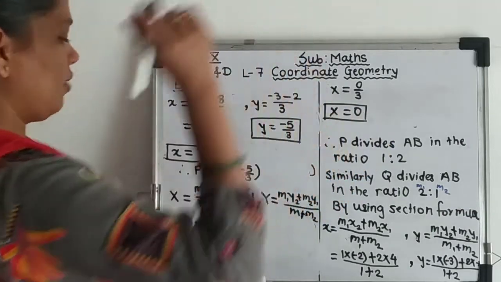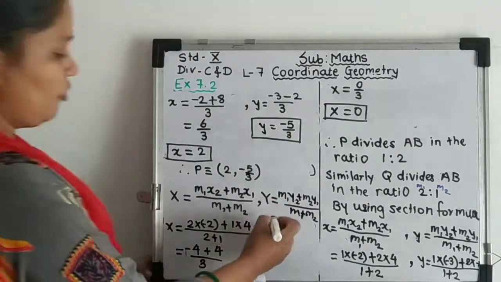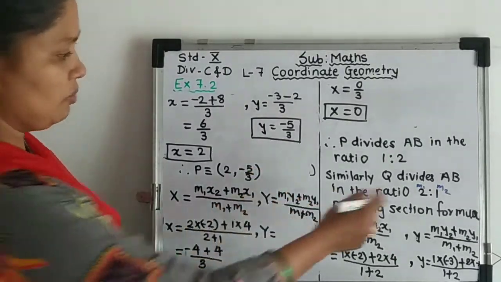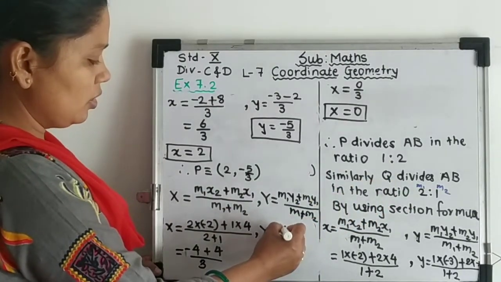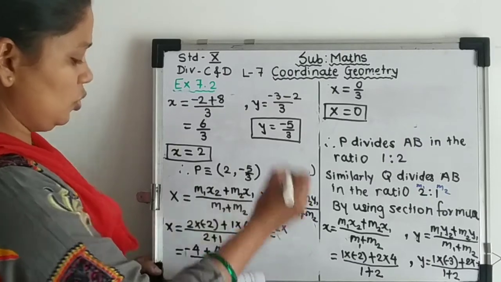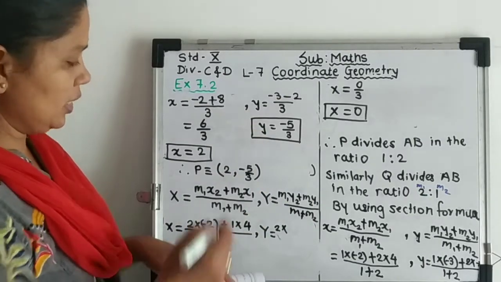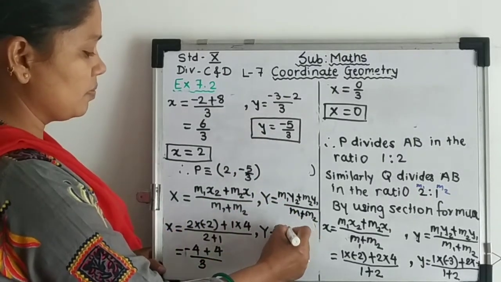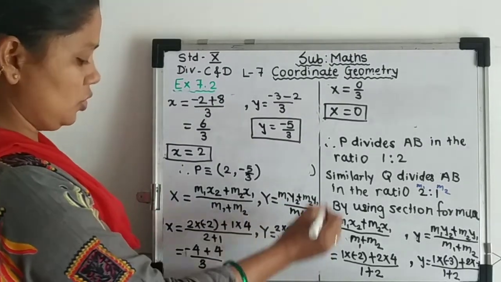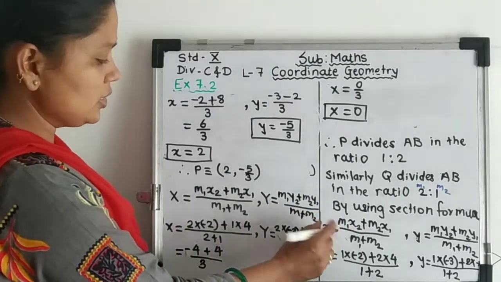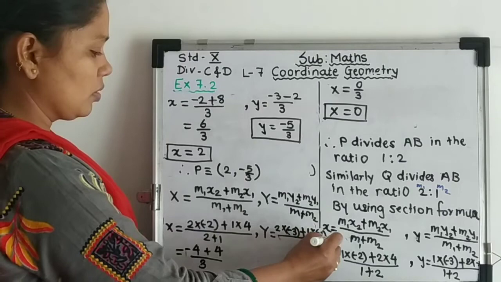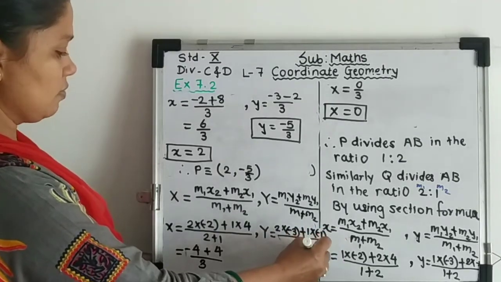Got it? Now y coordinate, let us find out. So for y, we are going to have M1. M1 again is what? Sorry, M1 is 2 into our y2 coordinate is minus 3 plus M2 is 1 into our y1 coordinate is minus 1 upon 2 plus 1.